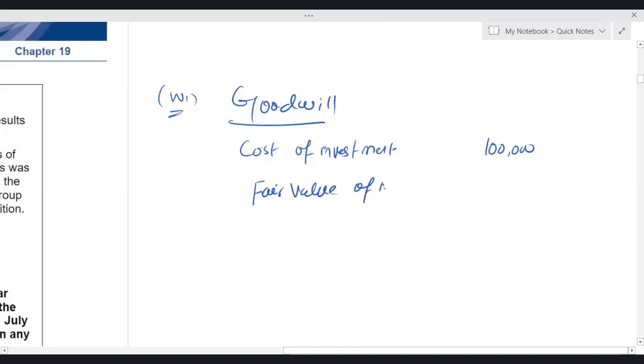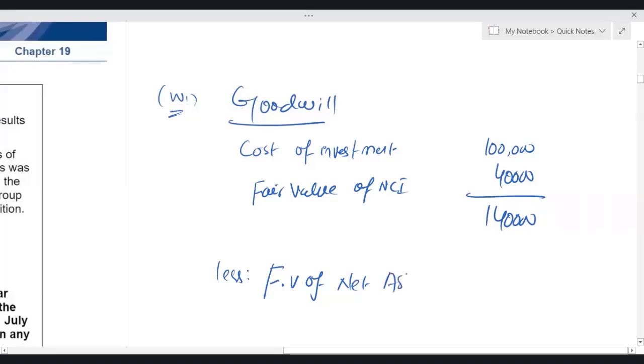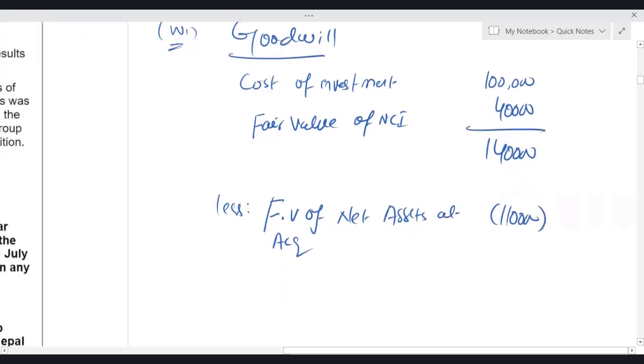Less fair value of net assets, they have given us 110,000, fair value of net assets at acquisition. Simply, the goodwill is 30 at acquisition as well as at disposal date, because there is no impairment loss. That is why goodwill will remain the same.